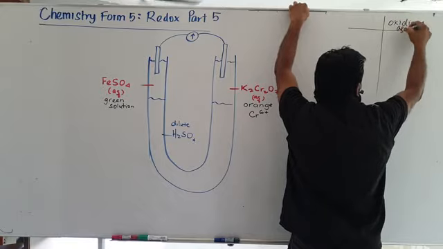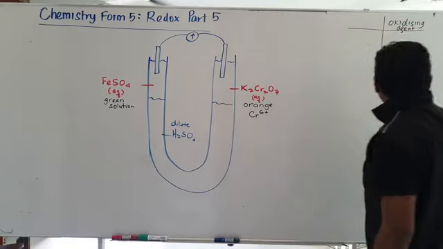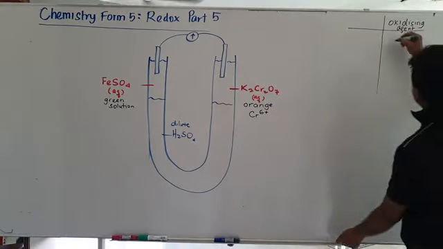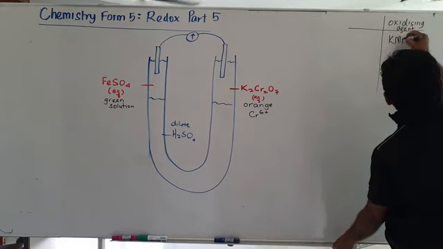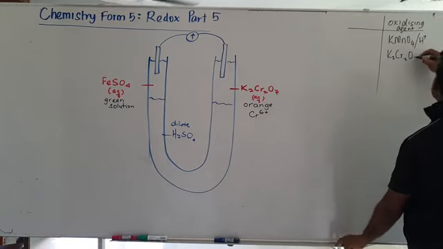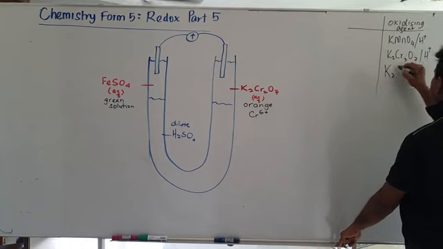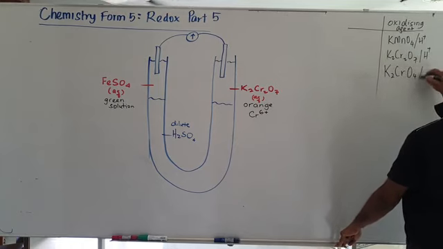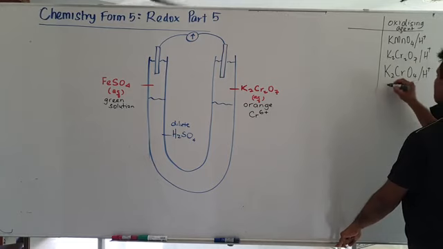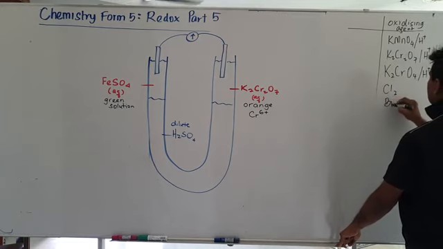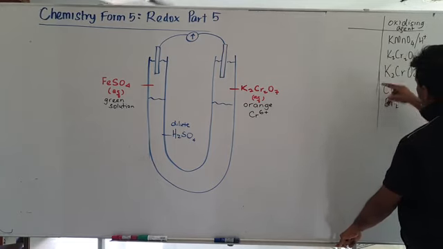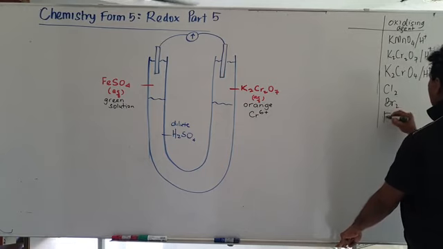Oxidizing agents, we have a few: acidified potassium manganate, acidified dichromate, acidified potassium chromate, chlorine water, bromine water, and sometimes they might even give you Fe3 plus.